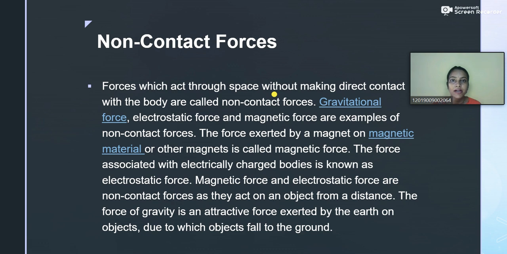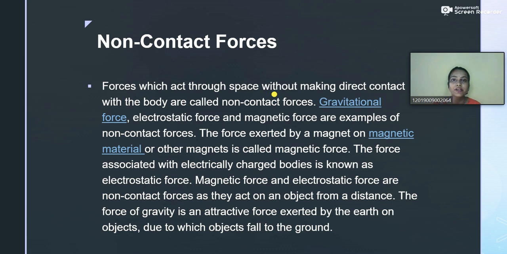By looking at the word non-contact, we can understand that there is no direct touching. So these forces are called non-contact forces. Now we have the gravitational force, electrostatic force and magnetic force, which are examples of non-contact forces.